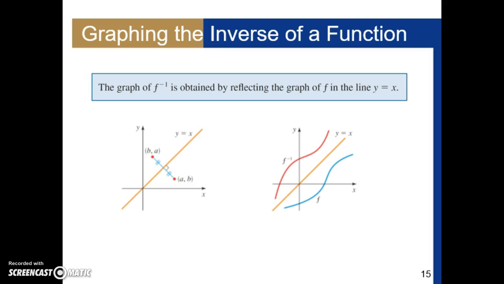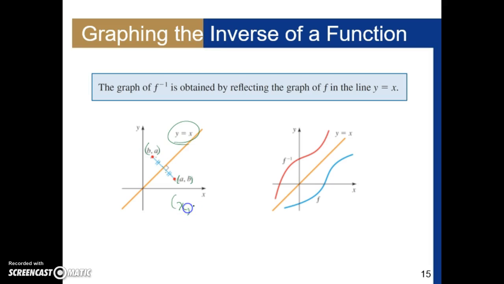So graphing inverse functions. The graphs of inverse functions are very easy to find. If we know that we have a point in the plane a comma b, when I reflect that point over the line y equals x, when I reflect it perpendicularly over that, I am going to get the reverse of those xy coordinates.